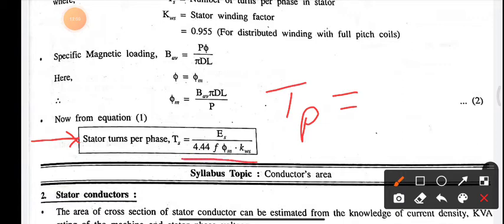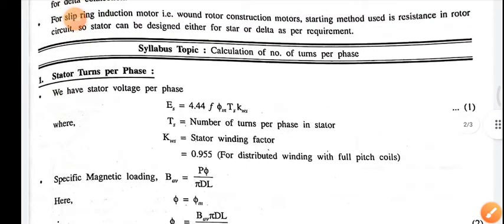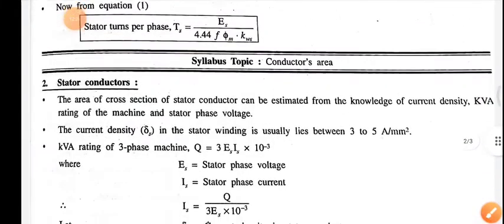Okay, so this was an easy equation derived directly from the equation of voltage per phase, and based on that we can easily find our turns per phase. And if phi m is not provided, we will get it from the equation of specific magnetic loading, which will be provided to you. Okay, now we will move further.